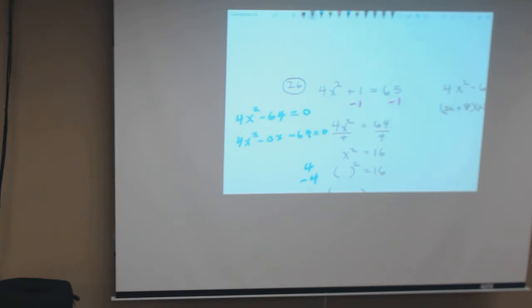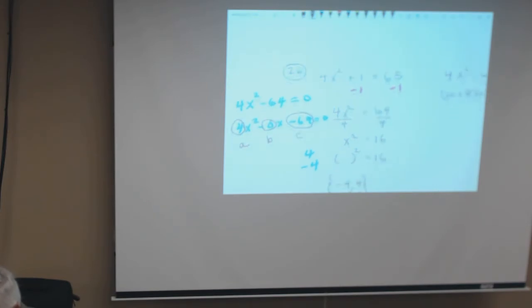A would be 4, B would be 0, and C would be negative 64. Plug the numbers in and hit calculate, and it'll pop up 4 and negative 4 as your answers.